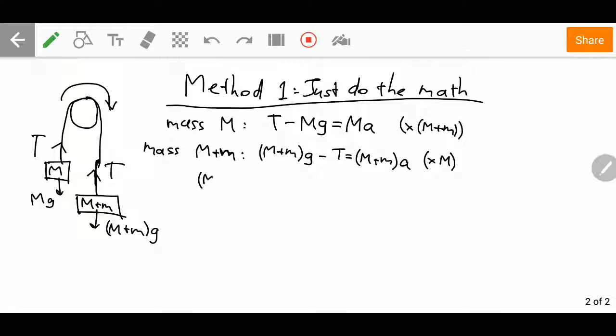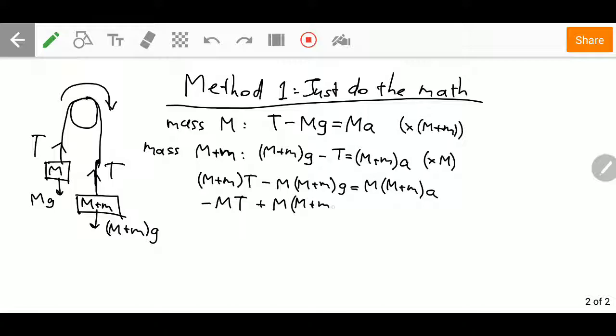I will get (M plus m) times T minus M times (M plus m) times g equals M times (M plus m) times a. And then for the second equation, we're going to get negative MT plus M times (M plus m) g equals M times (M plus m) a.